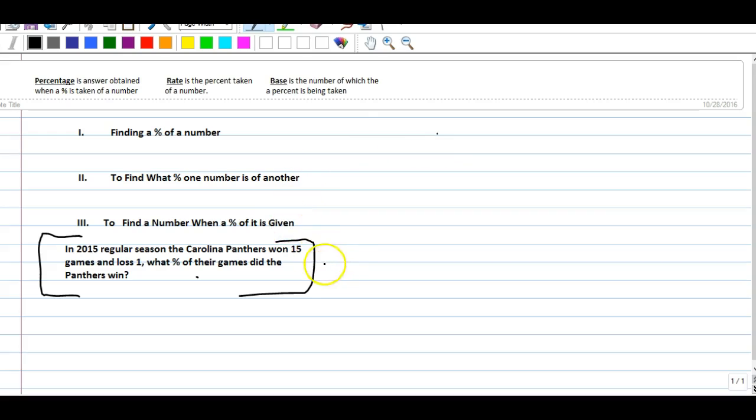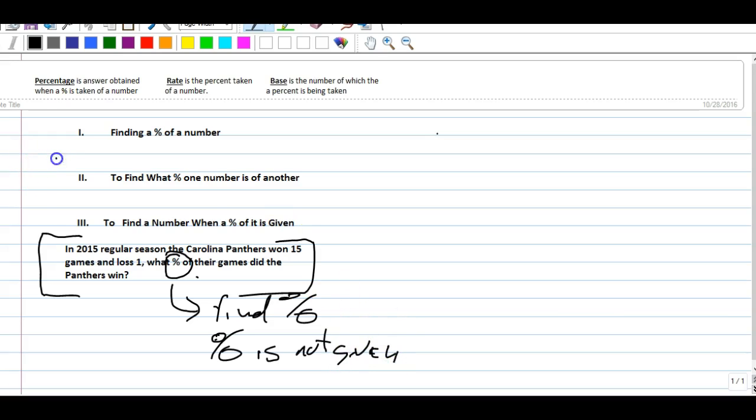So we have to decide here whether this is a problem which involves finding a percent of a number, or is it finding what percent one number is of another, or am I finding a number when a percent of it is given? Well, the first clue is we want to find the percent. In other words, the percent is not given. So therefore, it is this particular type of problem here.